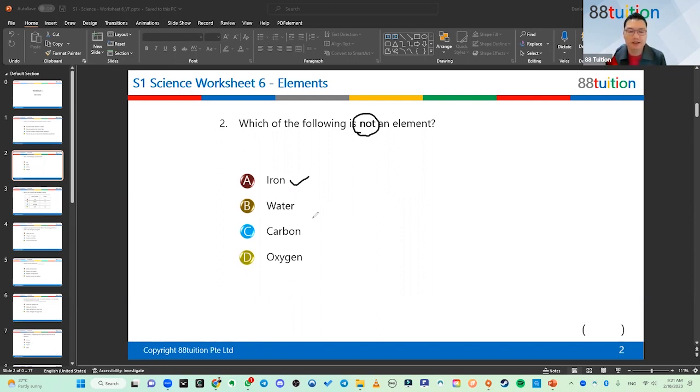Iron, the scientific symbol is Fe. And we have water, the scientific symbol is H2O. Is H2O an element?